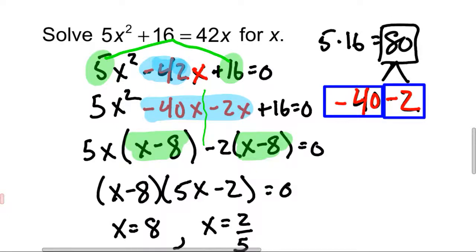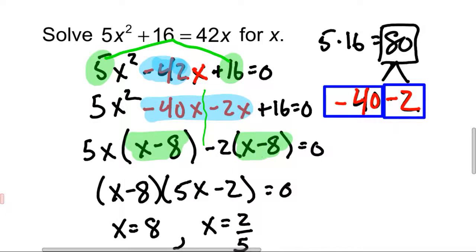So the next question is, well, I'm looking at this right here, the negative 2x and the 16, and I know the biggest thing I can take out is a 2. Now you always got to ask yourself with the second part here, do I take a negative or a positive out? Well, if I took a positive 2 out, this would be a negative x and this would be a positive 8. So you'd see that these would be similar but not identical. Okay, we need them to be identical.